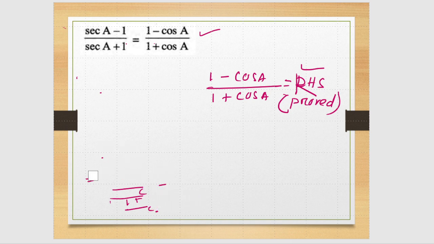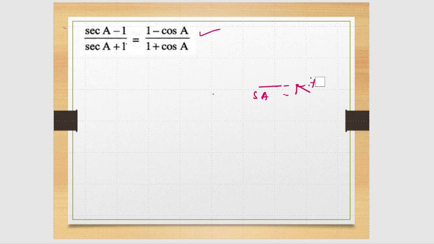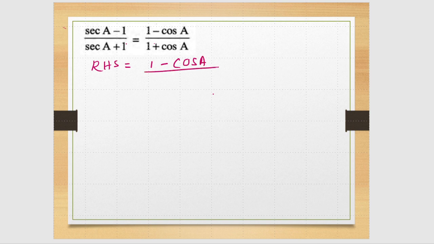The method is absolutely same. Now the RHS I am taking. RHS is (1 minus cos a) by (1 plus cos a). So now same, (1 minus 1 by sec a) by (1 plus 1 by sec a).